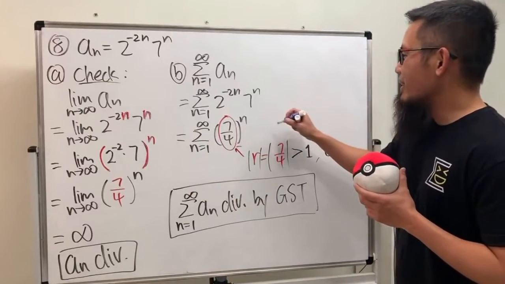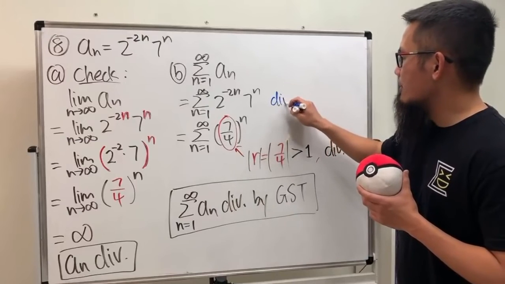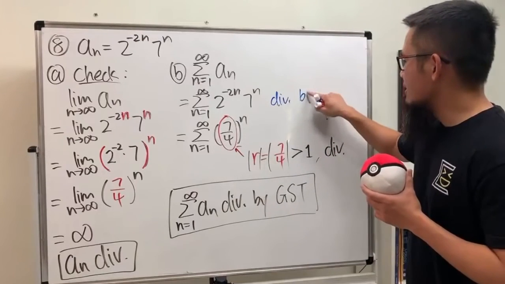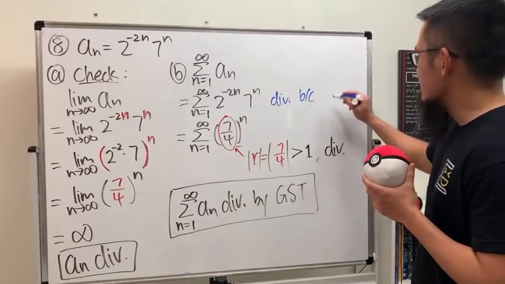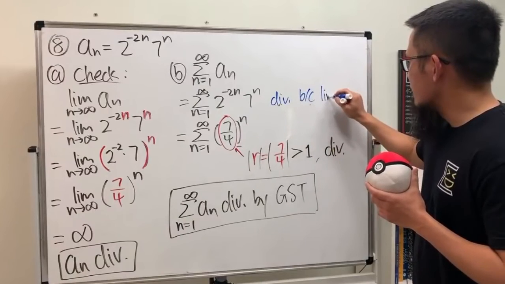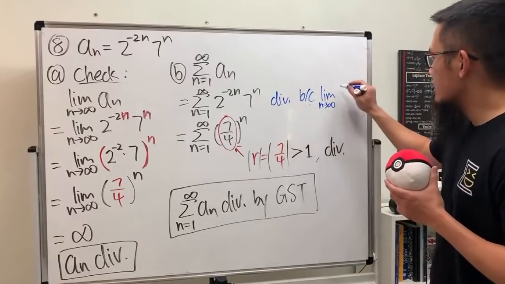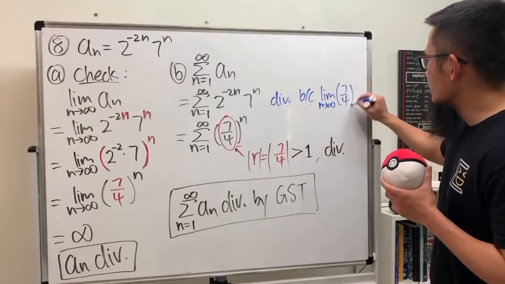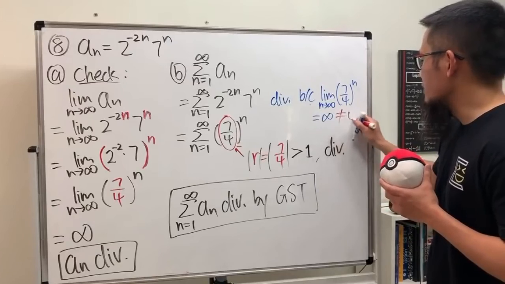Or you can also say this right here diverges because the limit as n goes to infinity of the 7 over 4 to the n is equal to infinity, which is not equal to 0.